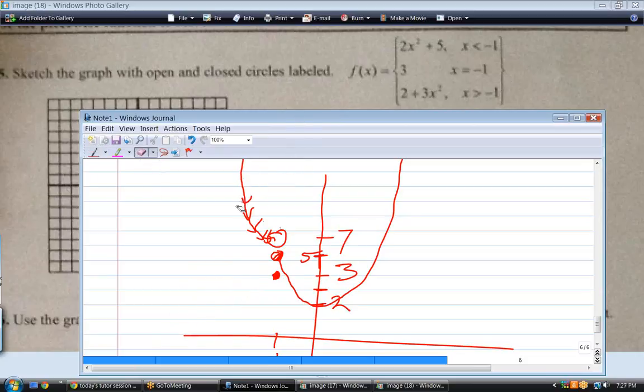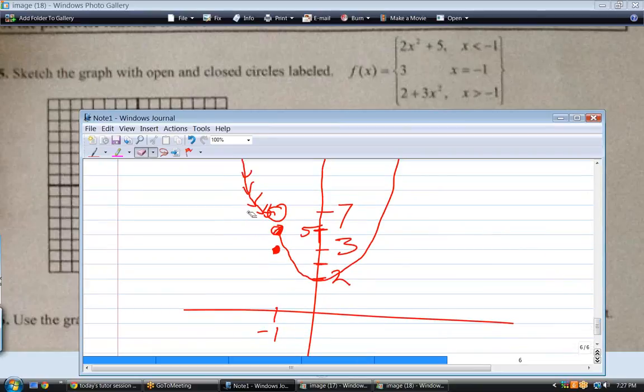As I'm approaching negative 1 from the left, what does f of x approach? What is this number? 5? No, this number here. As I'm approaching it from the left, look at these arrows. Oh, okay, 7. That makes sense.